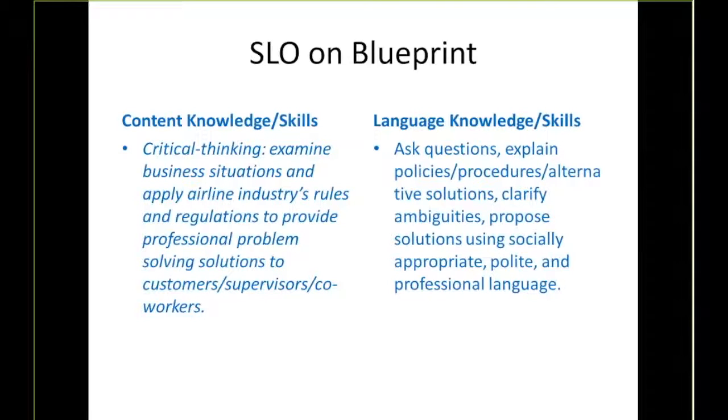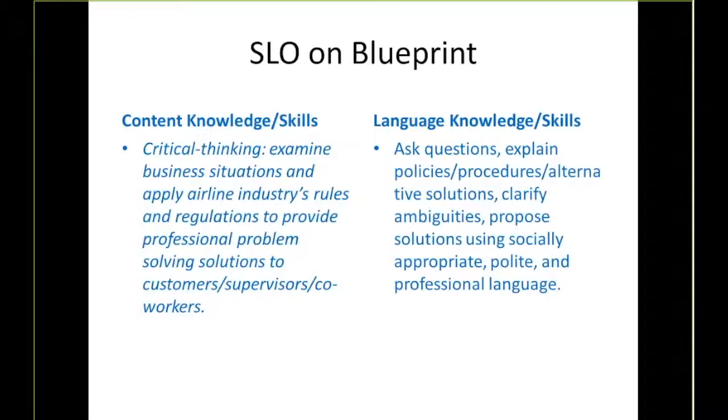So this helps us to think about what are the skills we want students to gain out of this experience. One example is critical thinking. So students should be able to examine business situations and apply industry rules and regulations to provide professional problem-solving solutions. This is beyond the language. This is the content part, right?